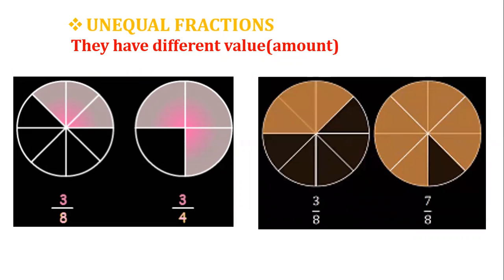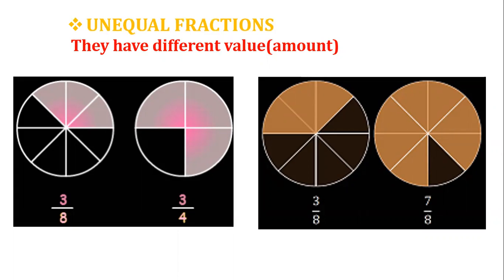Here, can you find that we have 8 in the denominator for both figures? It means the denominators are the same, but the numerators are different. In the first one, we got only 3 colored out of 8, so the fraction became 3 by 8. In the second one, we got 7 out of 8, so the fraction became 7 by 8.